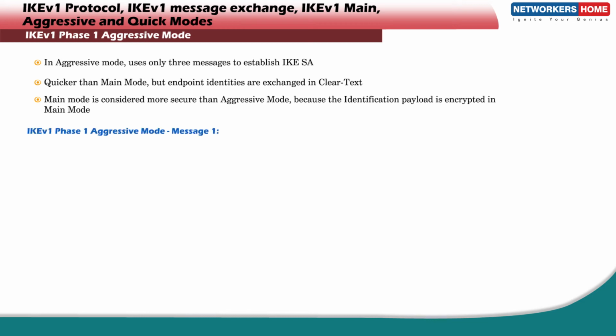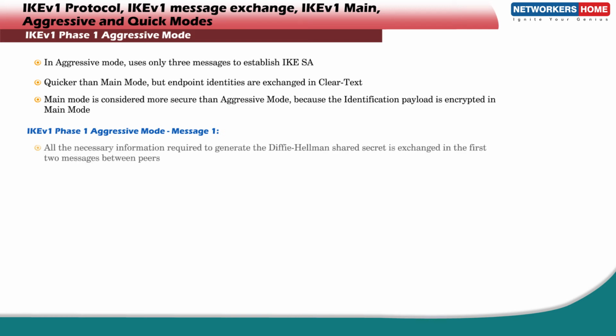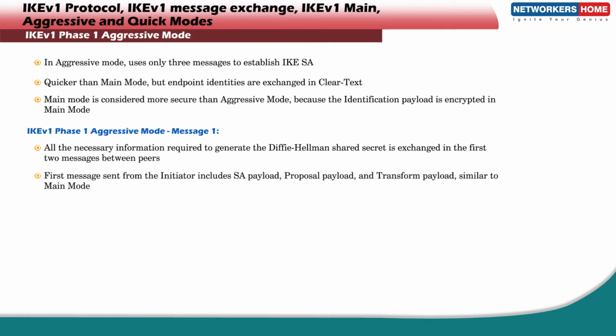IKEv1 Phase 1 aggressive mode message 1. In aggressive mode, all the necessary information required to generate the Diffie-Hellman shared secret is exchanged in the first 2 messages between peers. The first message sent from the initiator includes the SA payload, proposal payload and transform payload, similar to main mode.